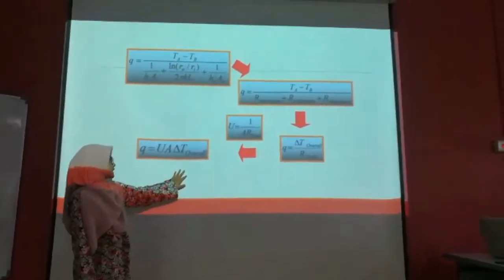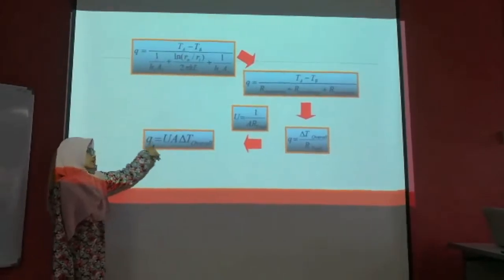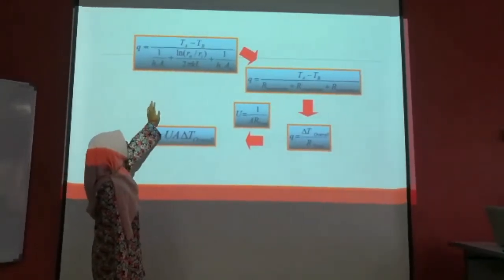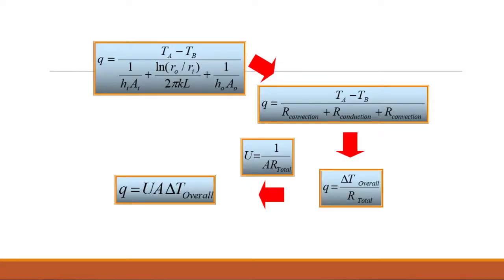This slide is basically explaining how to derive this last equation. The first equation is Q is equal to temperature difference over resistance, which is the resistance for convection, this for conduction, and this for convection.